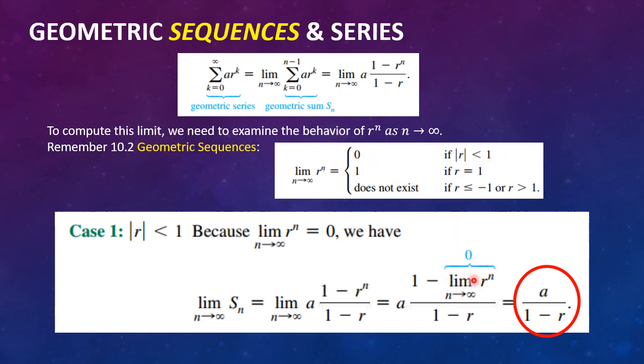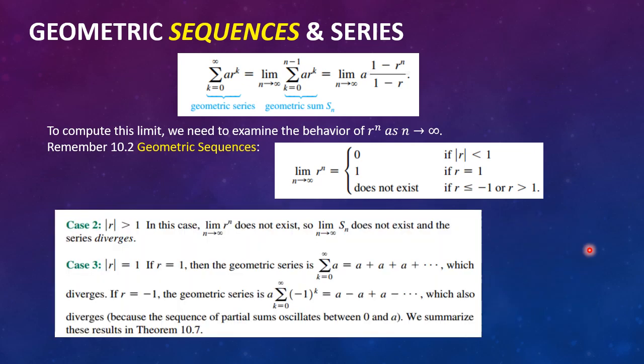So we plug that in and simply get a times 1 over 1 minus r, or simply a over 1 minus r. So if the absolute value of r is less than 1, then we have convergence for this geometric series to the value a over 1 minus r.